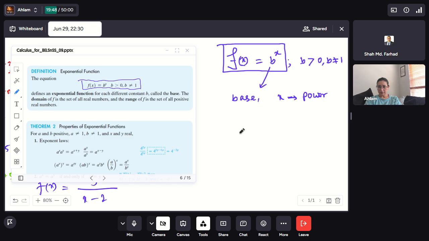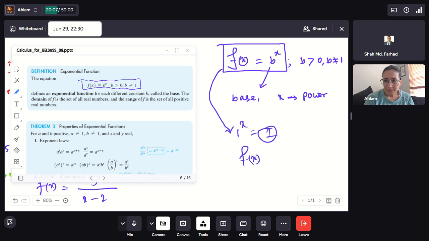That means if we have 1 power x, that equals 1. So the function becomes a constant function. That means f of x equals 1.